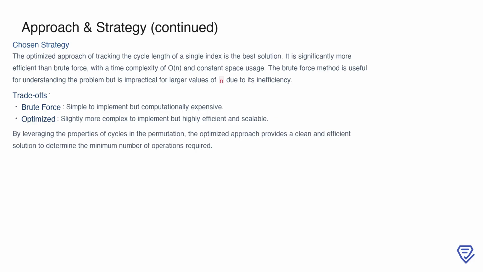This approach highlights the importance of recognizing patterns and properties in the problem, such as the uniform cycle length for all indices, which allows us to simplify the solution significantly. By carefully analyzing the problem, we arrive at a clean and efficient strategy to determine the minimum number of operations required to reinitialize the permutation.